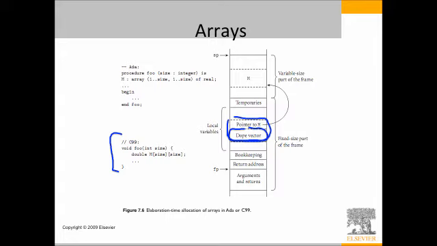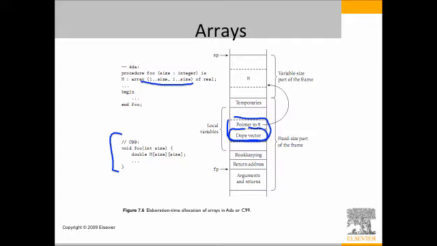And then the dope vector will keep track of the lower and upper bounds, and that won't be determined until runtime. So as you can see here in Ada, you can actually also dynamically specify the bounds. So you might not, in certain languages, even know what the lower bound is until runtime.